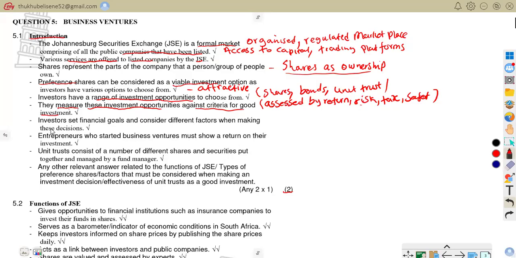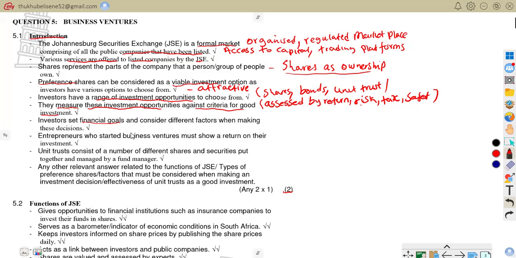So it further says investors set financial goals and consider different factors when making decisions. They look at their financial goals and the returns on the investment. That will help them make an informed decision.